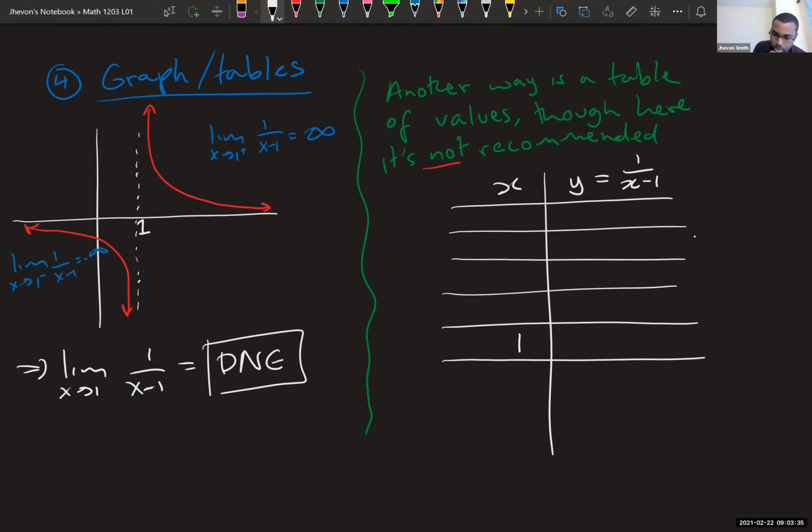You could do something like 0.9, 0.99, 0.999, and then we'd plug that in, 0.9 minus 1.